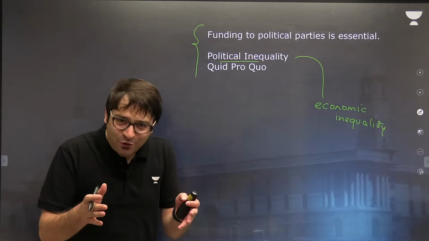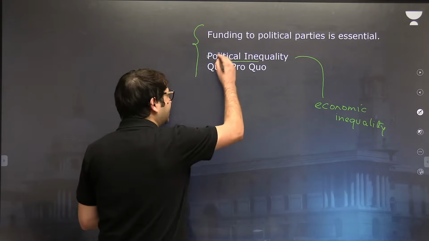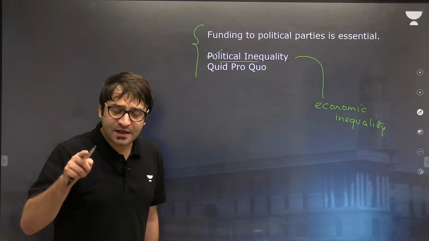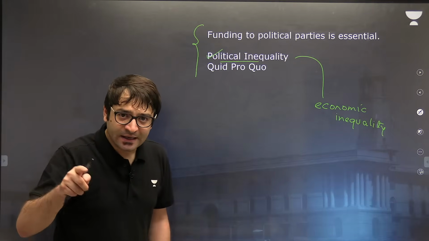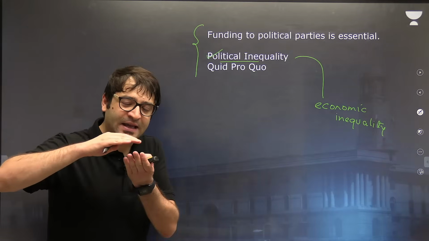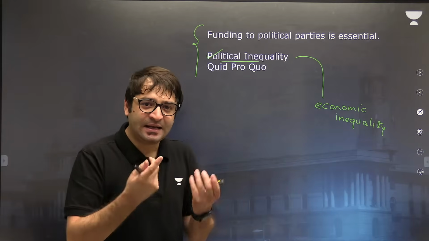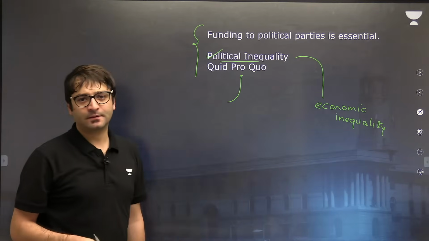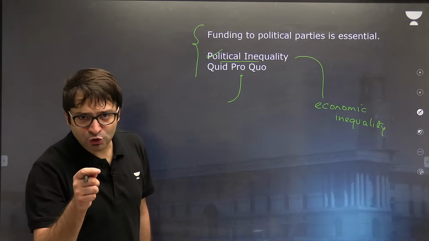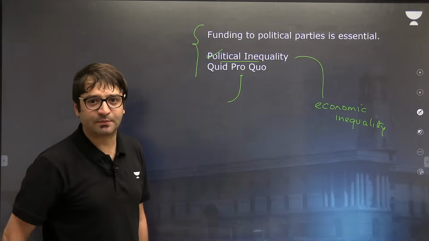There is economic inequality in India. And this economic inequality leads to political inequality, where the rich donor gets access to the table of the political party. He gets proximity to the leaders of the political party. And then there is a quid pro quo. Why will a capitalist entity, a rich individual, donate money to a political party?